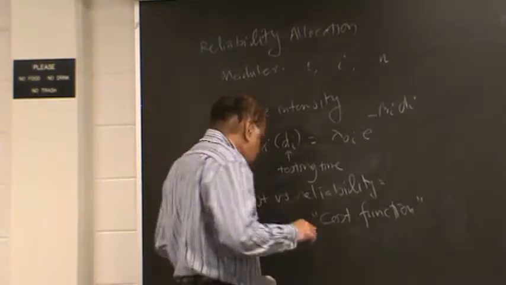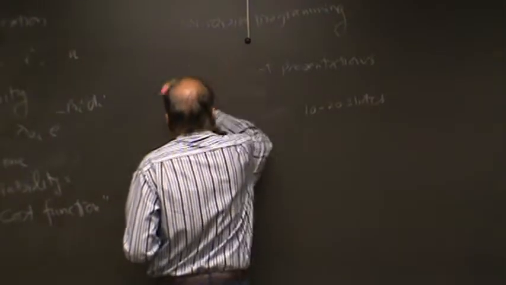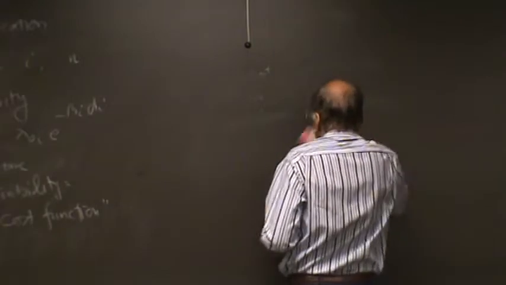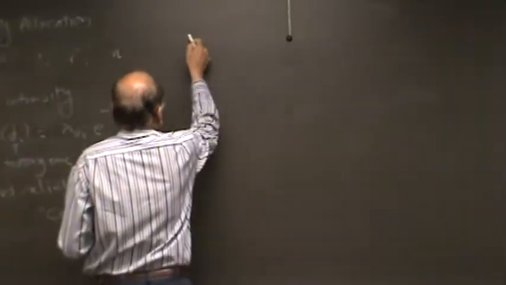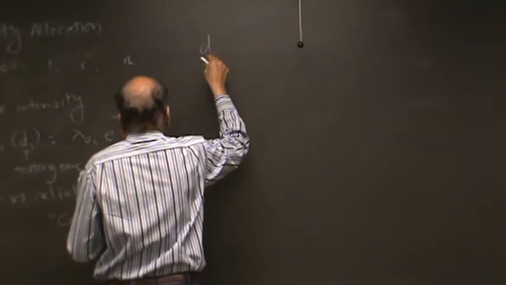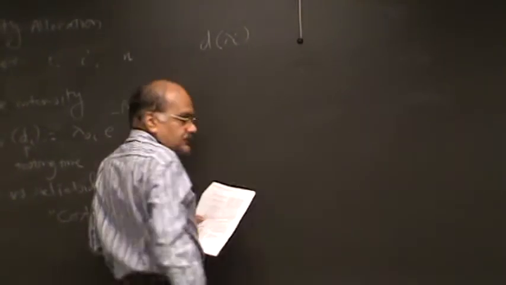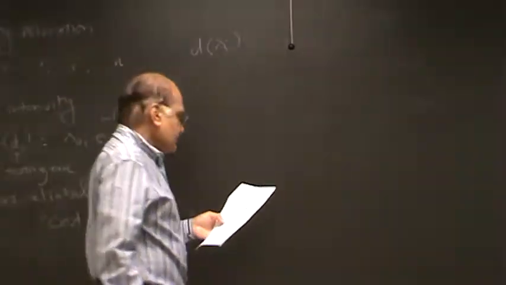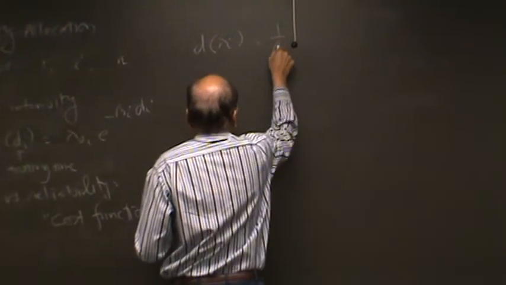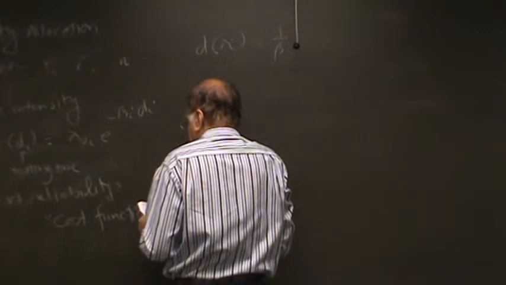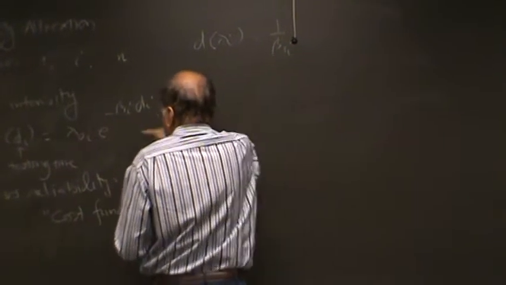This gives you a way to connect cost and reliability. If you assume that the cost is basically determined by the amount of time you have spent on testing, then here's the cost function: d, which is the testing time, as a function of lambda, which is a reliability attribute.